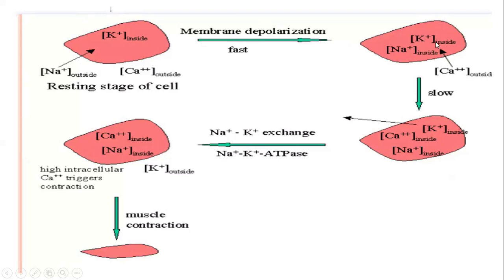So the sodium enters inside the cell of the myocardium, whereas the calcium also follows the sodium, and in the third step the potassium goes outside, while the sodium as well as the calcium remain inside the cell.